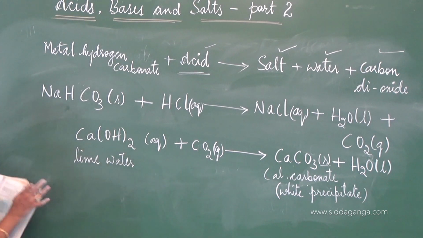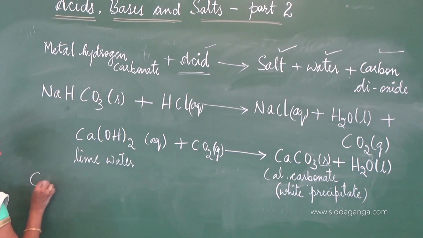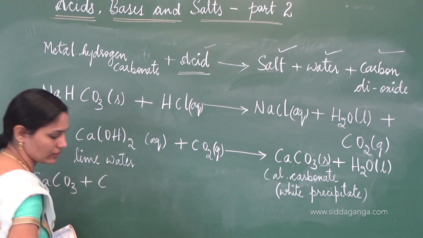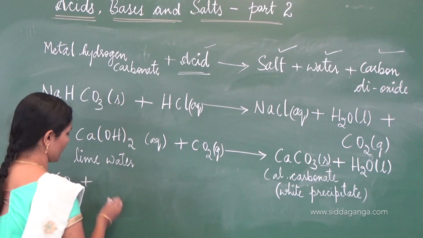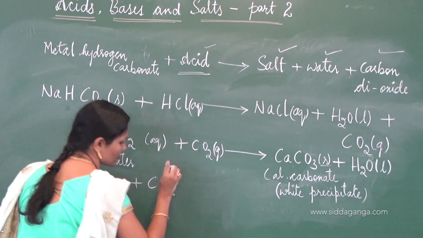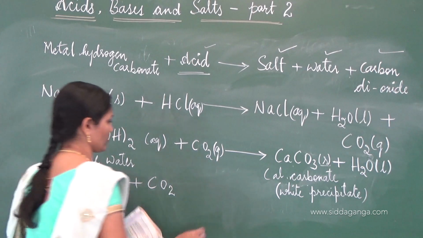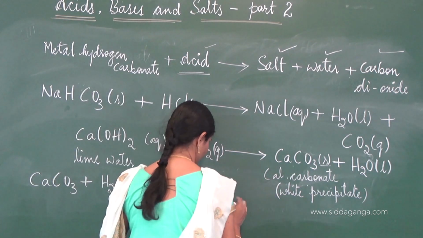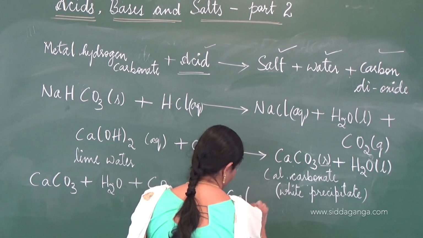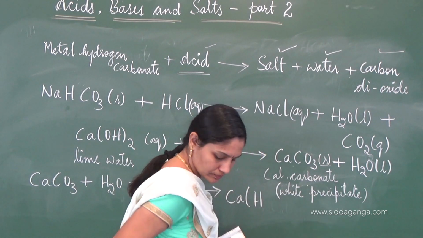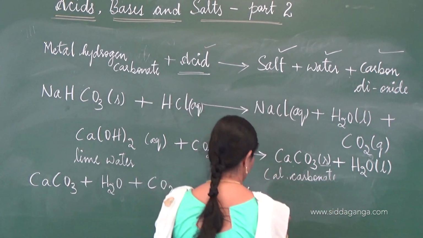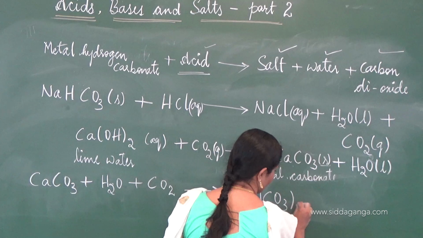What happens when excess of it is passed? CaCO3 plus H2O. What happens when excess of carbon dioxide is passed to it? We obtain Ca(HCO3)2.